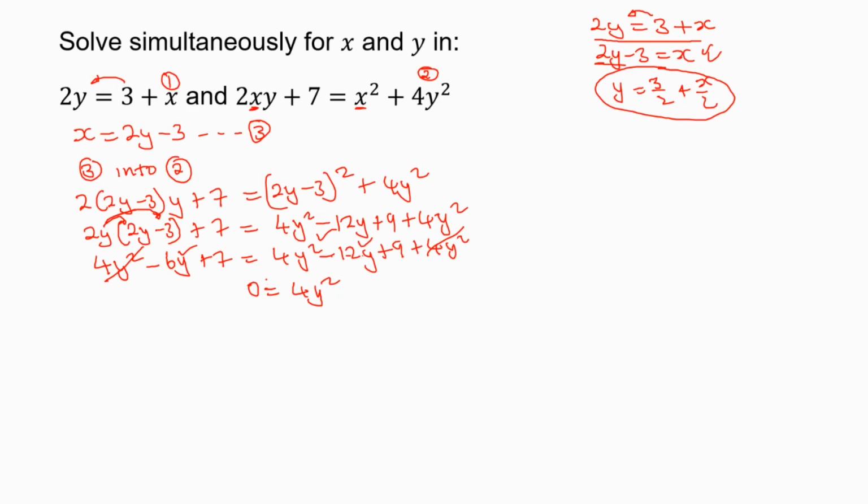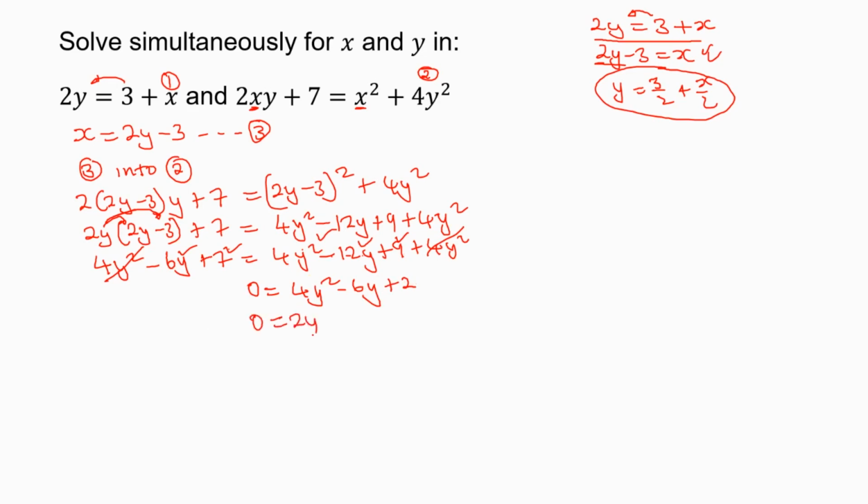So negative 12y plus 6y is negative 6y. Done with the y's, and then the constants. 9 minus 7, because 7 will come to the right hand side and become negative 7. 9 minus 7 is 2, so it's plus 2. See that? Okay, right. And then we can divide everything by 2.